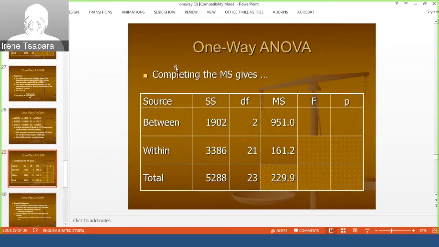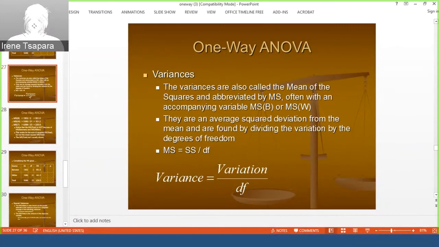Okay, now we want to complete the third column. The third column corresponds to the mean of squares that is called MS. Again, for this one, we have two different mean squares. One mean square for the between and one mean square for the within.